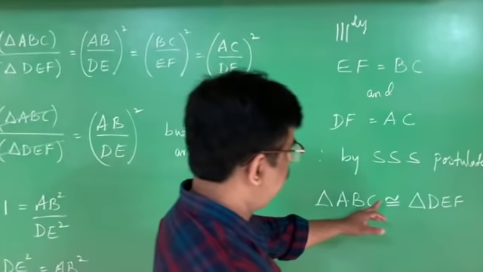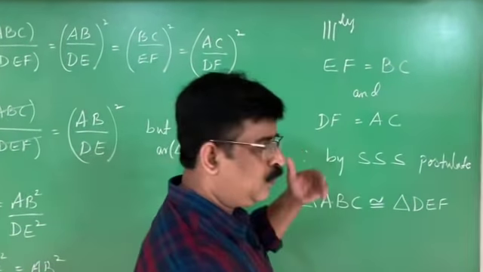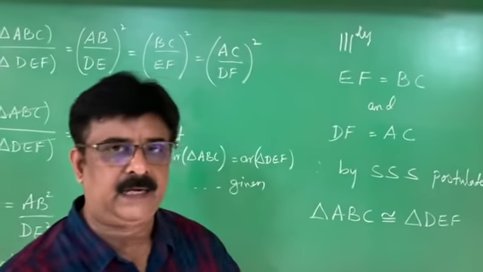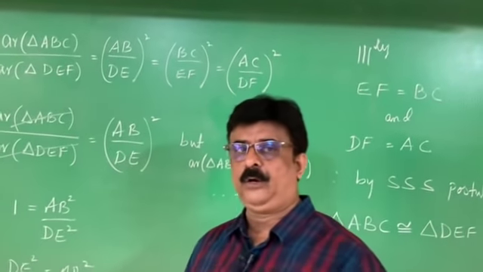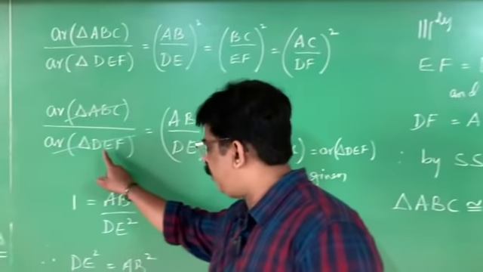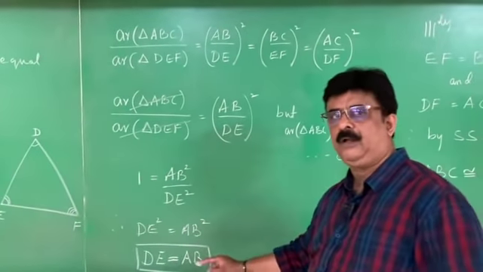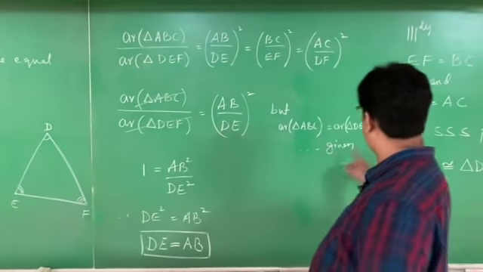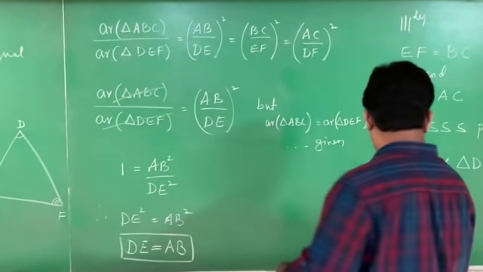Triangle ABC is congruent to triangle DEF. You have to understand the difference between congruency and similarity. In similarity, corresponding sides are in the same ratio. In congruency, corresponding sides are equal. Since areas are equal, corresponding sides become equal. When the corresponding sides become equal, all the three sides are equal, therefore it should be a congruent triangle. Therefore I have to write the statement again.